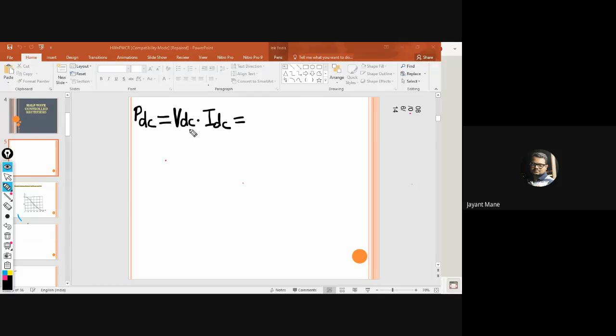It is Vm by 2 pi into bracket 1 plus cos alpha. Then what is IDC? It is Vm by 2 pi R into bracket 1 plus cos alpha. So the 1 by R will remain outside. So this comes out to be 1 upon R into Vm by 2 pi 1 plus cos alpha. So there are two brackets, so they will get multiplied. Therefore, bracket square.